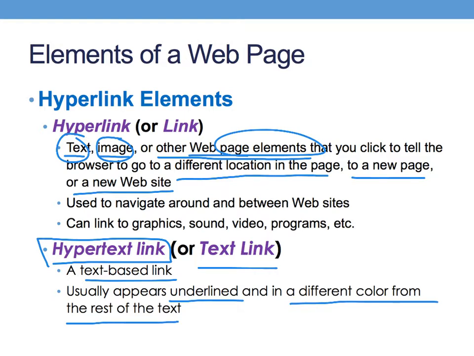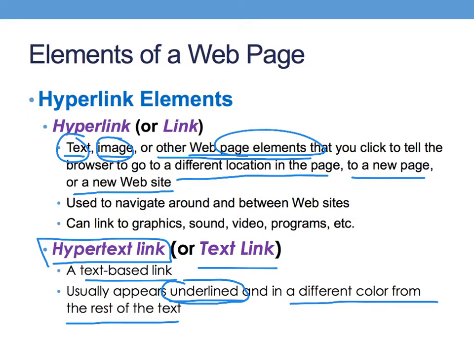So when we really start adding these hyperlinks in during Unit 2, you will notice that those unclicked links are blue. The clicked links are purple. The active links are red. You'll start seeing the different colors, and you'll start seeing that underline feature that's associated with links. So those are our four main types of elements.